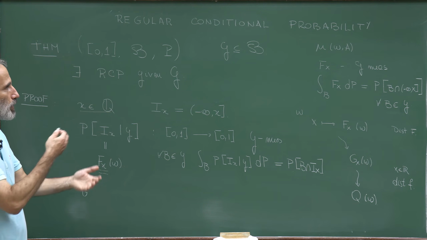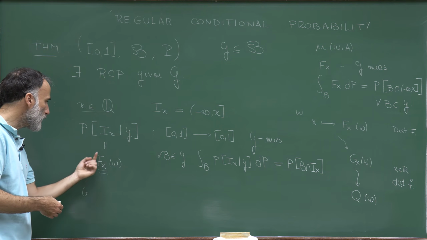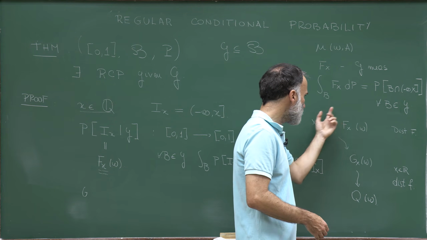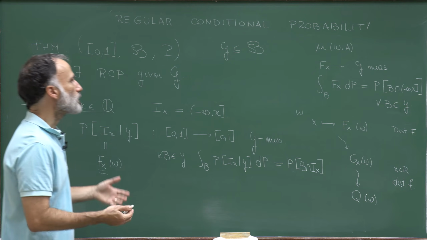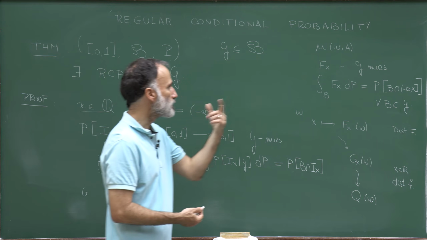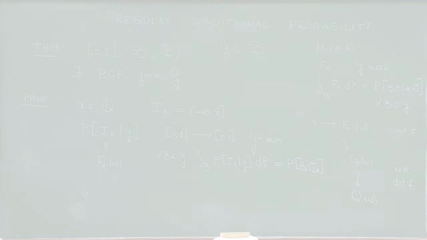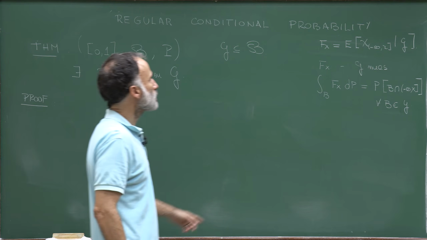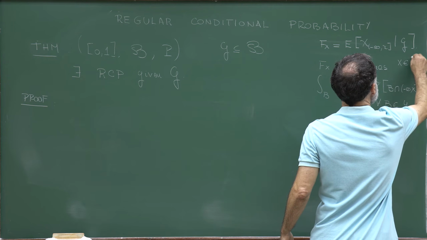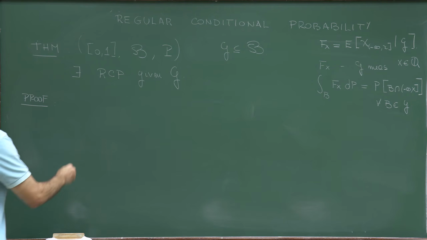Now what we want is to understand this object the other way, so we fix omega and observe this as a function of x, and try to prove that as a function of x, this is a distribution function in the sense I said, which means that it's defined on the rationals, it's monotone, and it converges to 1 at plus infinity and to 0 at minus infinity. So I recall here the definition of our function f_x. I forgot to say that this is defined for x a rational number. And now let me prove some properties of f.